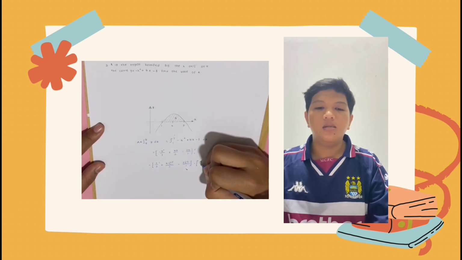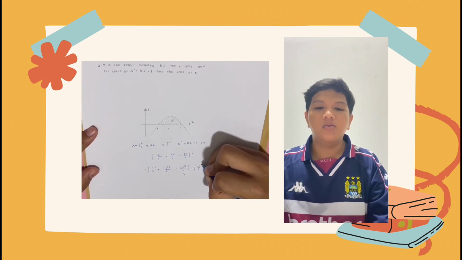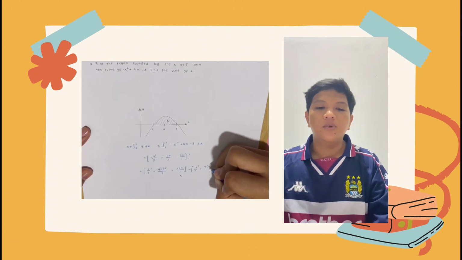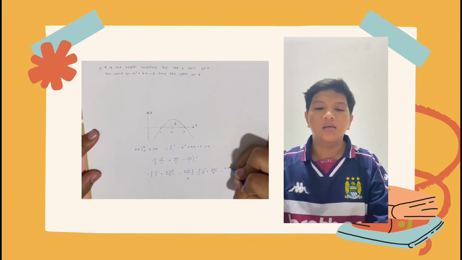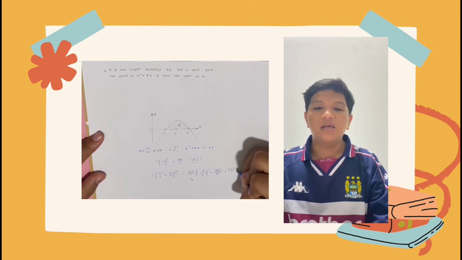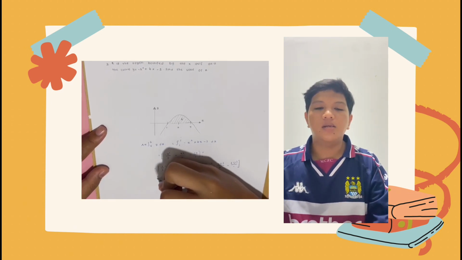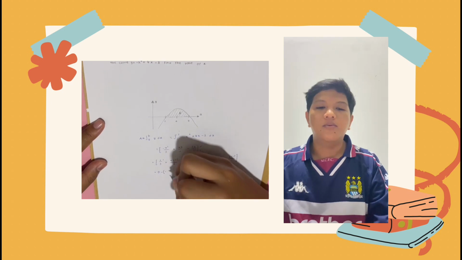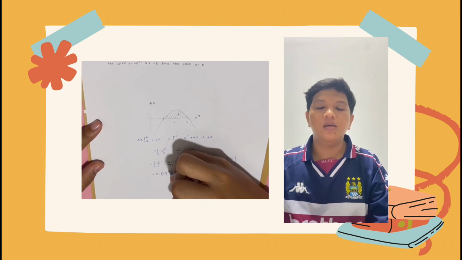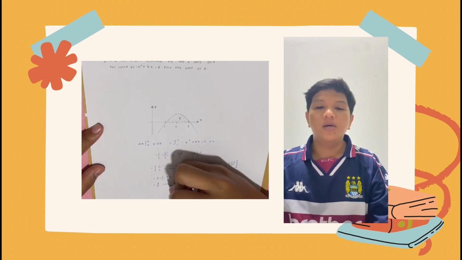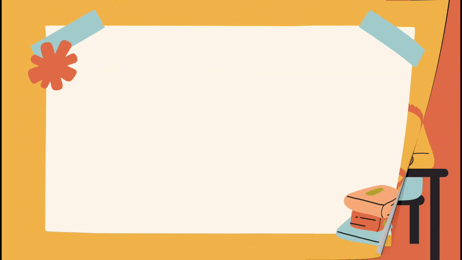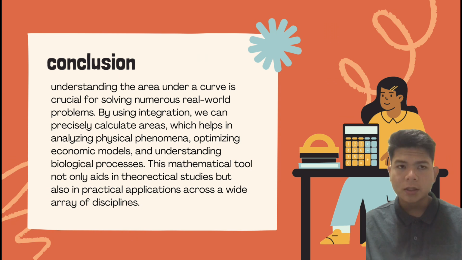We insert the limits into the equation: first bracket with limit of 3 minus second bracket with limit of 1. The final answer will be 4 over 3 units squared.